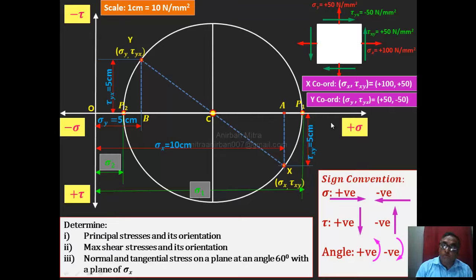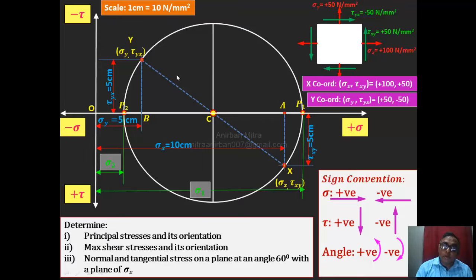So to find the orientations, always measure the angle between the horizontal line CX and the principal plane CP1. This is the x axis, and this one is the principal axis CP1. So the angle XCP1 is actually the orientation of the principal stresses.